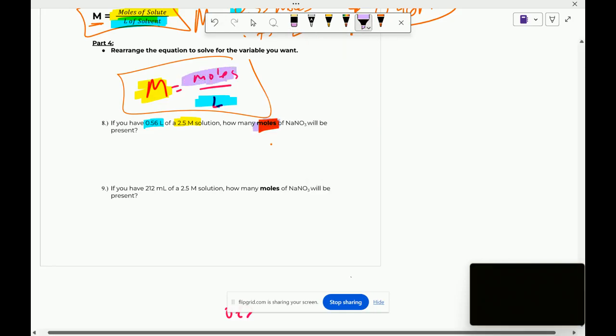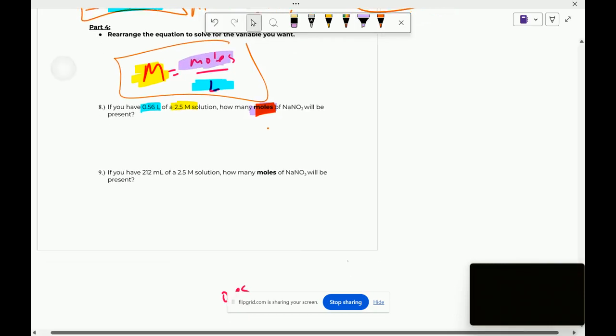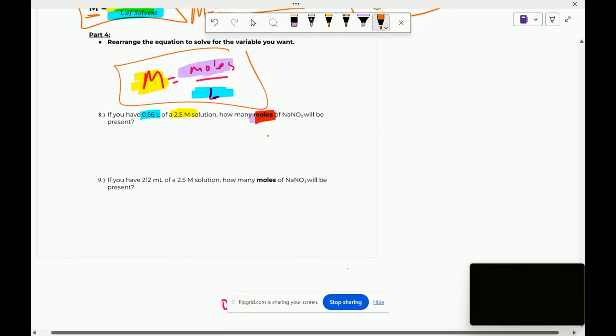We are solving for moles, not big M anymore. So when I plug in what I'm given, 2.5 big M is equal to moles, what we want to solve for, over 0.56 liters.